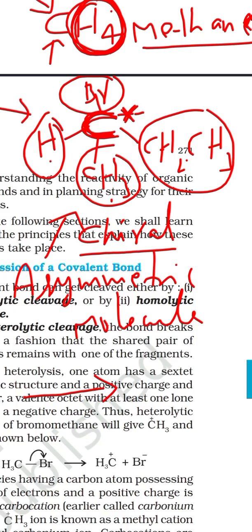Normal light travels in all directions, but plane polarized light travels in only one direction. That's why it is called plane polarized light. It has a fixed direction.